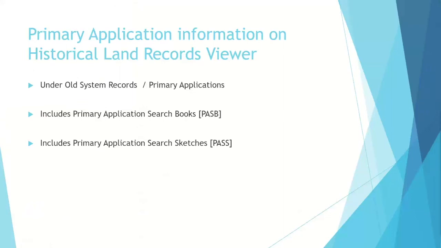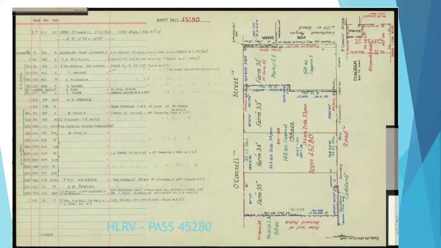Now, there is another place we can go to look for primary application information, and that's on the Historical Land Records Viewer. It's under the section called Old System Records, Primary Applications, and it includes 2 different sets of records. One is the primary application search books, and the other is the primary application search sketches. So we're going to have a look at the search sketch first. And here we have struck gold.